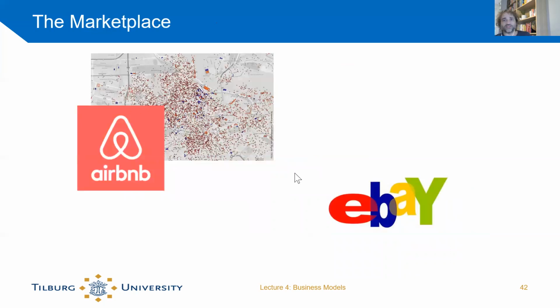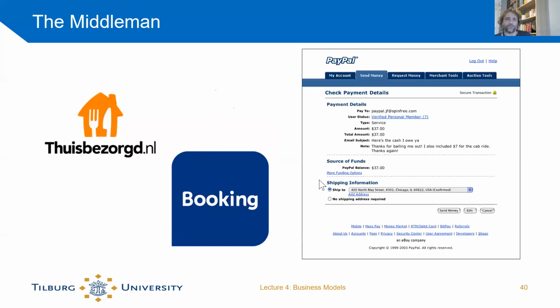And the marketplace organizations who connect different consumers to each other are also kind of similar, but also different enough for each to warrant their own slide. So the middleman is an organization in between, earning revenue because they're in between other organizations and consumers, and therefore they earn a bit of the revenue that those organizations would otherwise have.